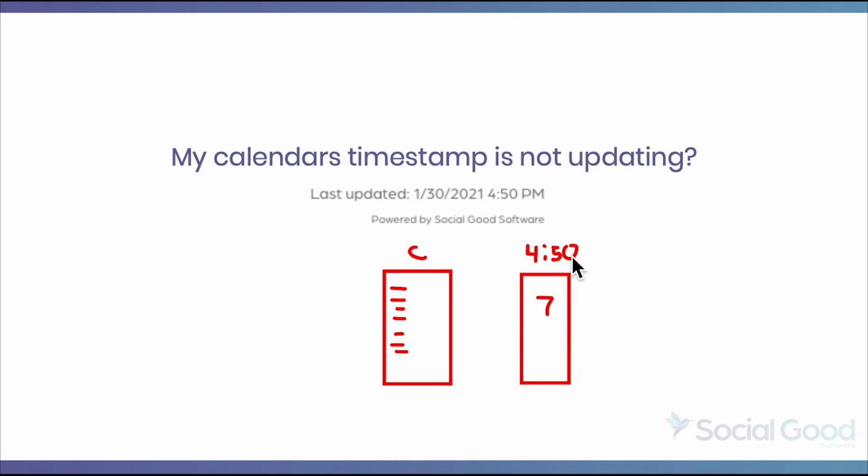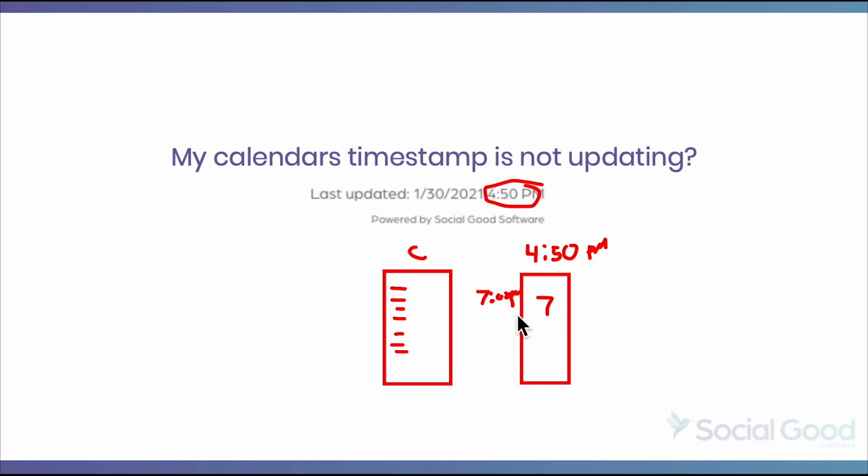And then we're waiting for Altru to let us know if there is new data. So if it's 7 p.m. and it still only has 7 items, it will still only show 7 items, but the calendar's last update will be 4:50 p.m.